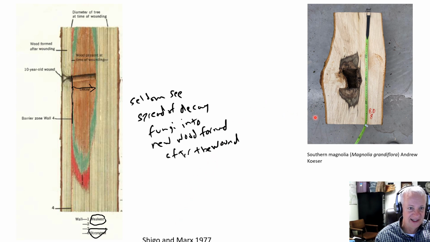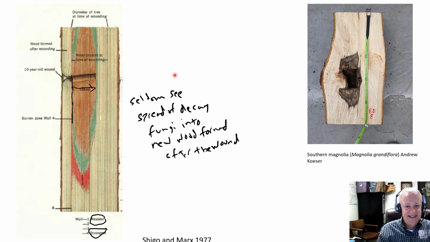It looks a lot like Shigo's illustration, where there was this wound and wall 1, wall 2 and 3, and then wall 4 basically contained the decay in that magnolia to this sort of compartmentalized zone.